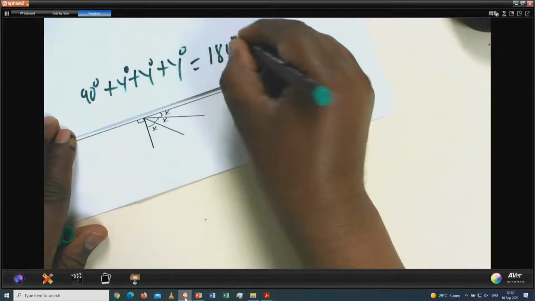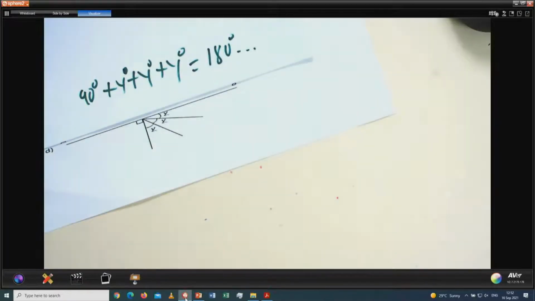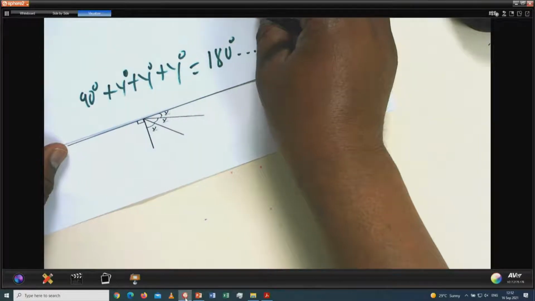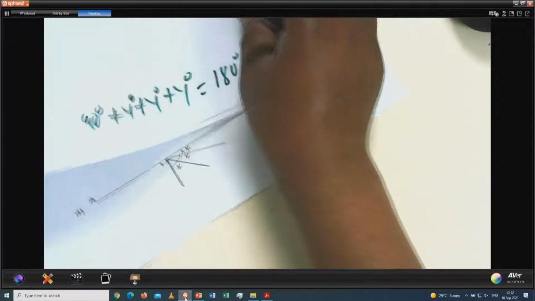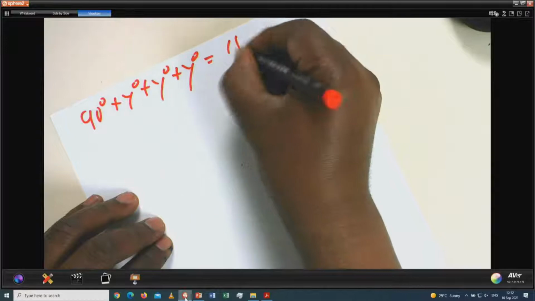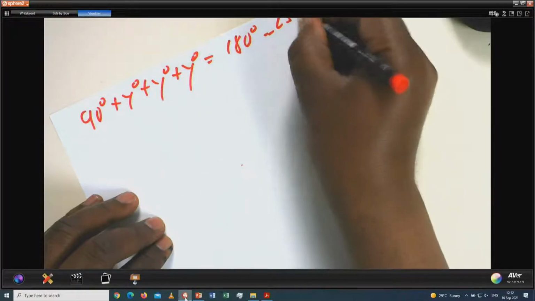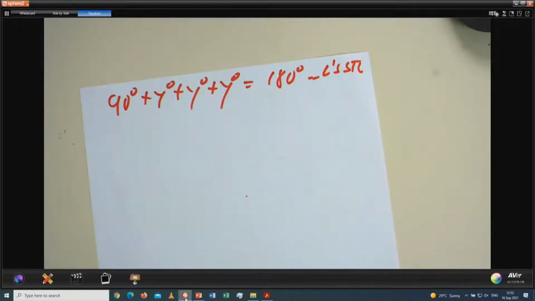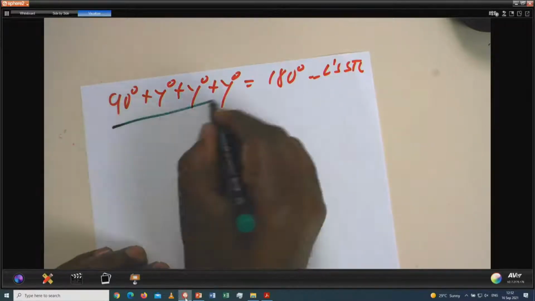Why is it giving 180? Angles on a straight line. Again, like I said, your mathematics comes very handy there, where we say, okay, let's write it properly: 90 degrees plus y degrees plus y degrees plus y degrees equals 180 degrees, angles on a straight line. You always, in straight line geometry, give a statement and a reason. This is your statement.